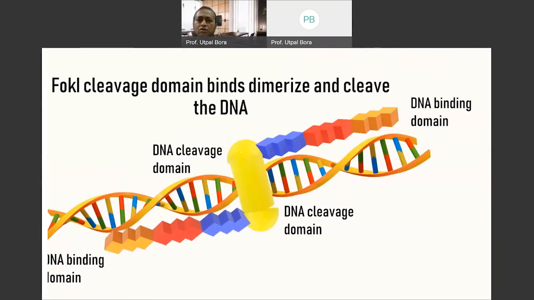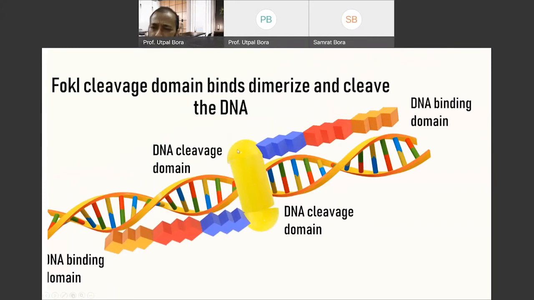Now these two halves of FokI have dimerized, and when they dimerize, they cleave the DNA at the site of our own specification.